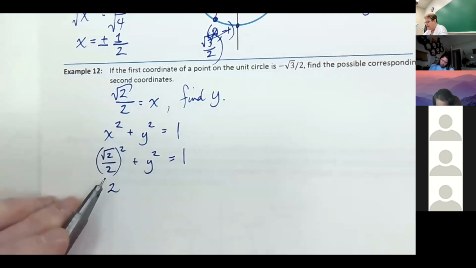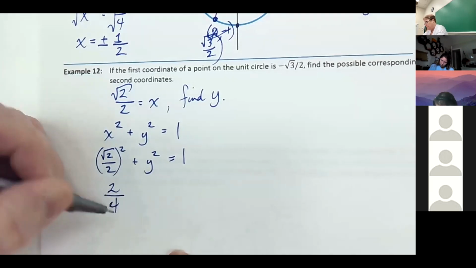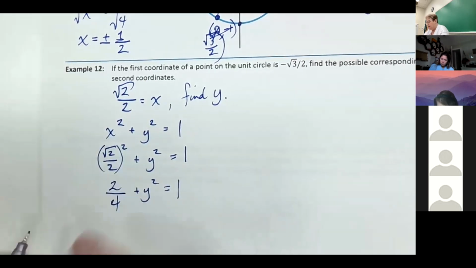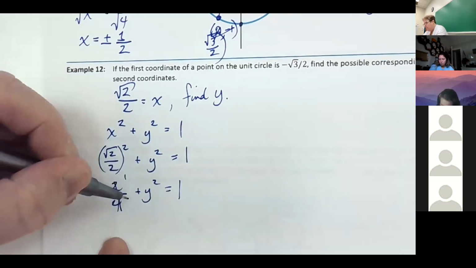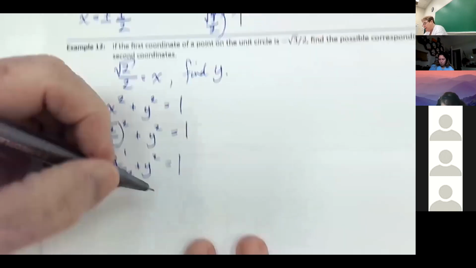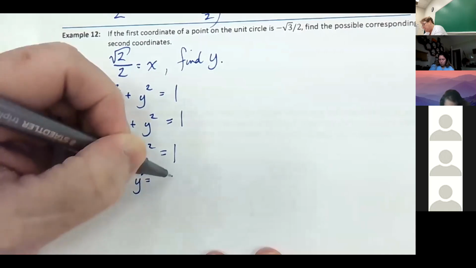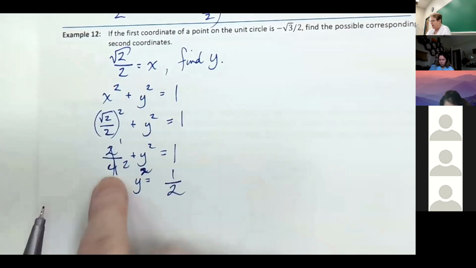And 2 squared is 4, so we've got essentially 1/2. And we want to find y. 1 minus 1/2 is 1/2.